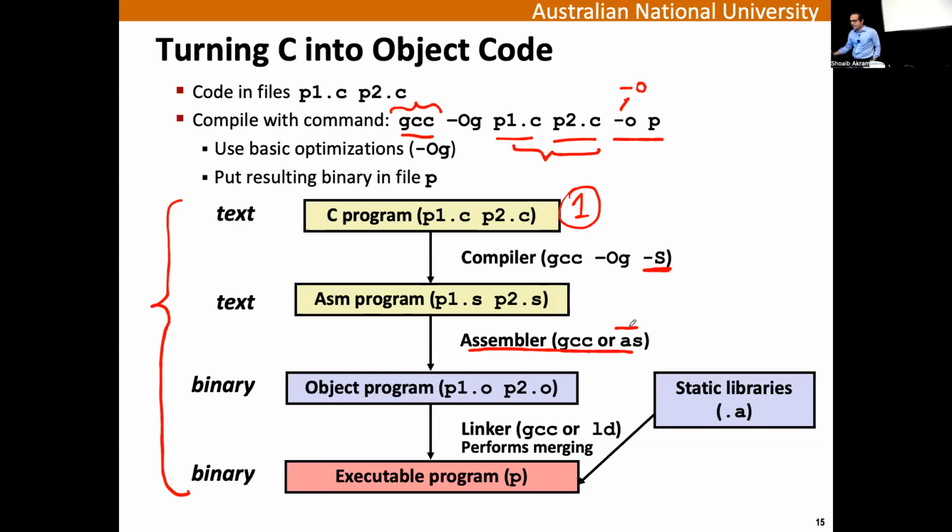The problem is you have object code from two different files. Does object code have anything to do with object-oriented programming? No. It has nothing to do with the object. So object code is just a sequence of bytes.